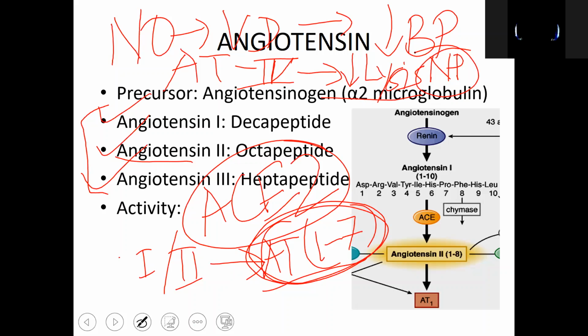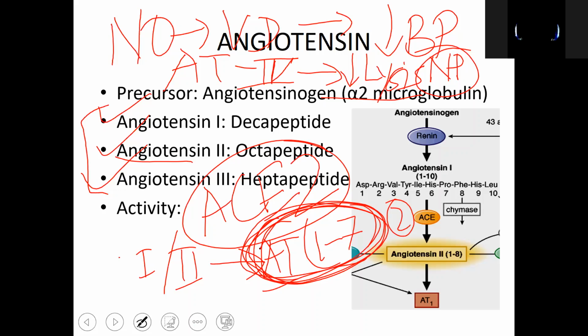So angiotensin 4 is related to memory, and angiotensin 1-7 is something opposite to angiotensin 1, 2, and 3. Okay, and ACE2 is responsible for the synthesis of angiotensin 1-7.